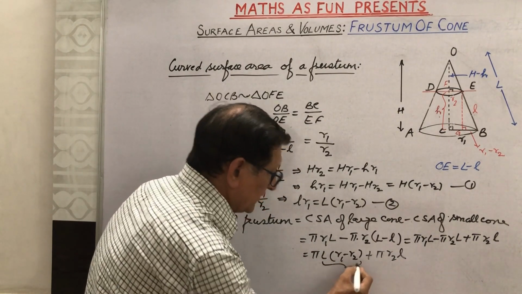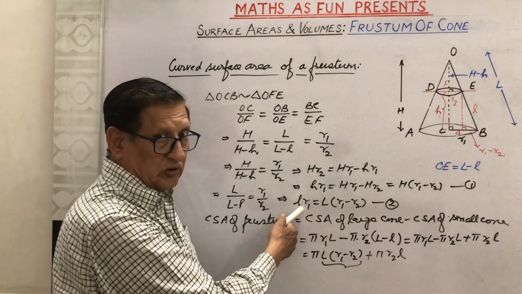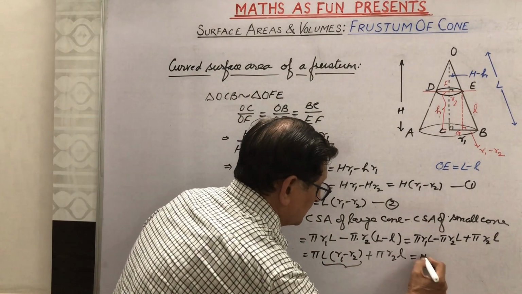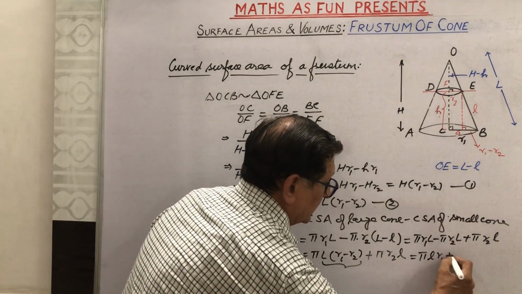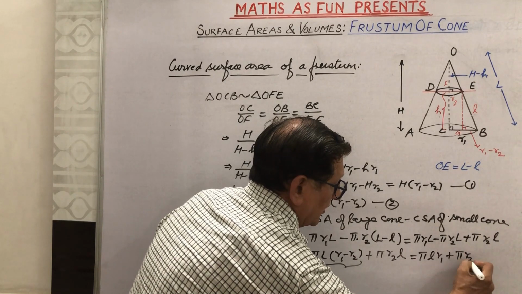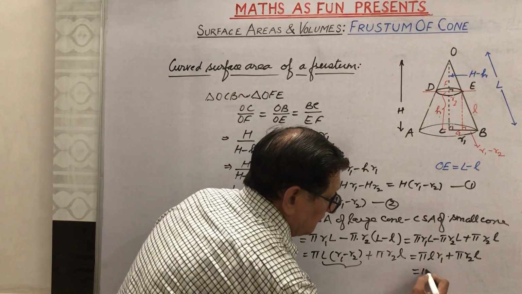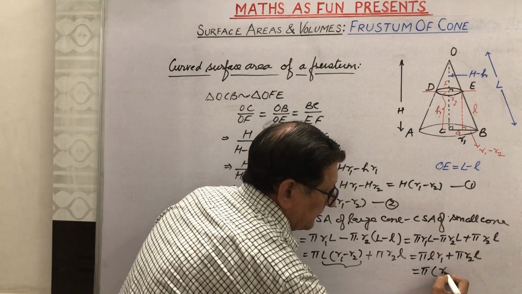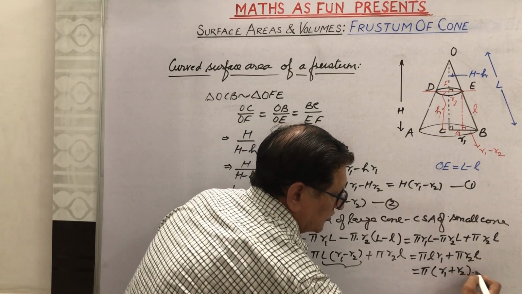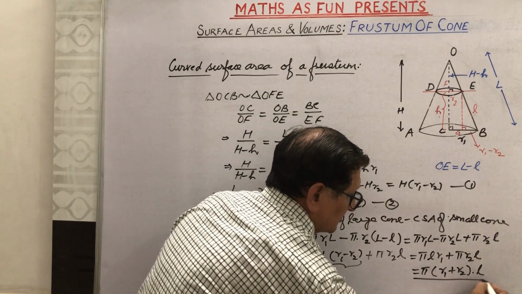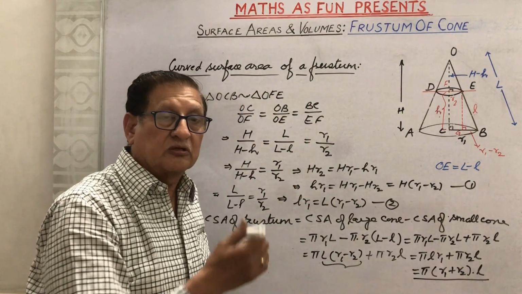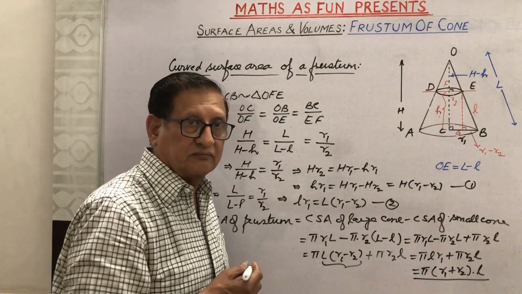We know that L into R1 minus R2 is equal to lR1. So we can write this as pi into lR1 plus pi into R2 into L. If we take pi common and also l common, will it be pi into R1 plus R2 into l or not? So this becomes the formula to find out the curved surface area of a frustum.